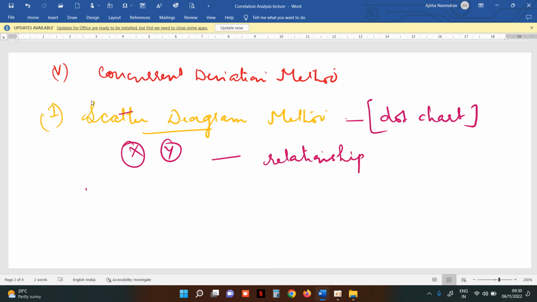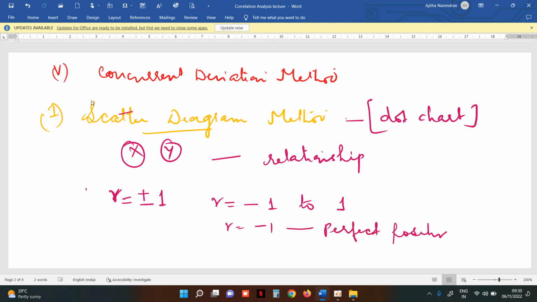Generally, the correlation is symbolized as small letter r, and the value of r varies between plus and minus 1. That means the value of r ranges from minus 1 to plus 1. Generally, if you get minus 1, it means perfect negative correlation, and if it is plus 1, it means perfect positive correlation.